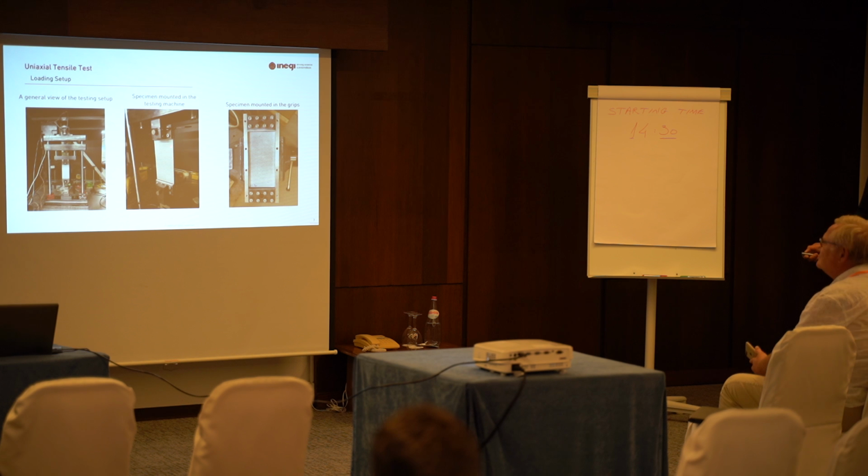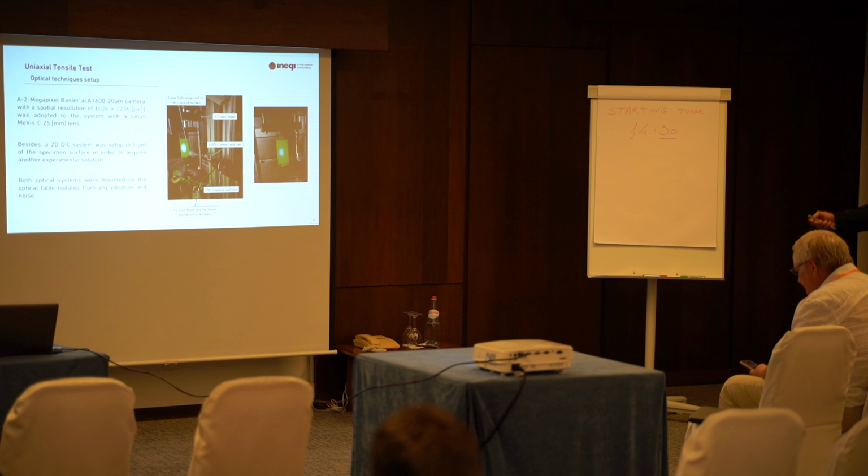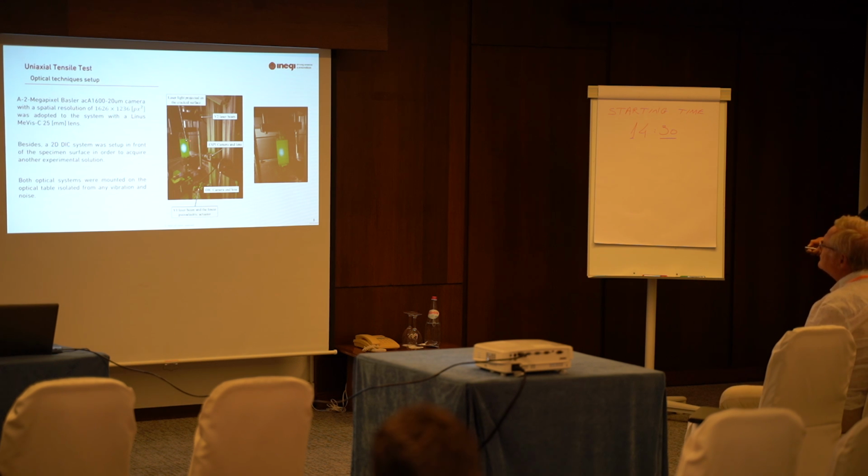This is the MT specimen. It was painted to be sufficiently good for both ESPI and digital image correlation, because we made both optical measurements at the same time. The specimen is loaded in this machine with maximum load, and we put two cameras, one for ESPI and the other for digital image correlation. They watch the specimen surface at the same time while loaded.